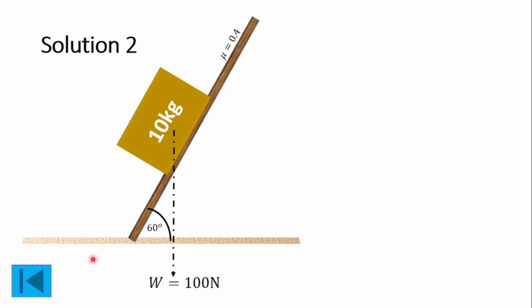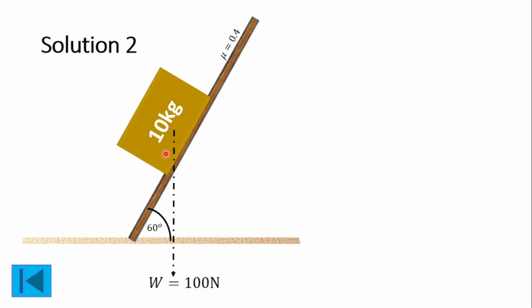There is a downward force that acts on the object, which is the weight of the object. From the calculation we did in solution 1, you know that weight is equal to mass times acceleration due to gravity. If the acceleration due to gravity is 10 meters per second squared, then the weight is equal to 100 Newton.